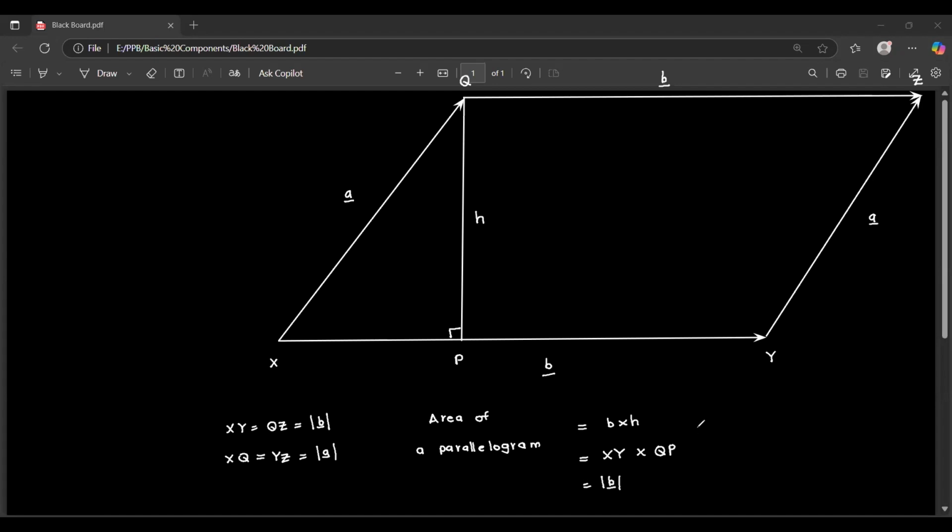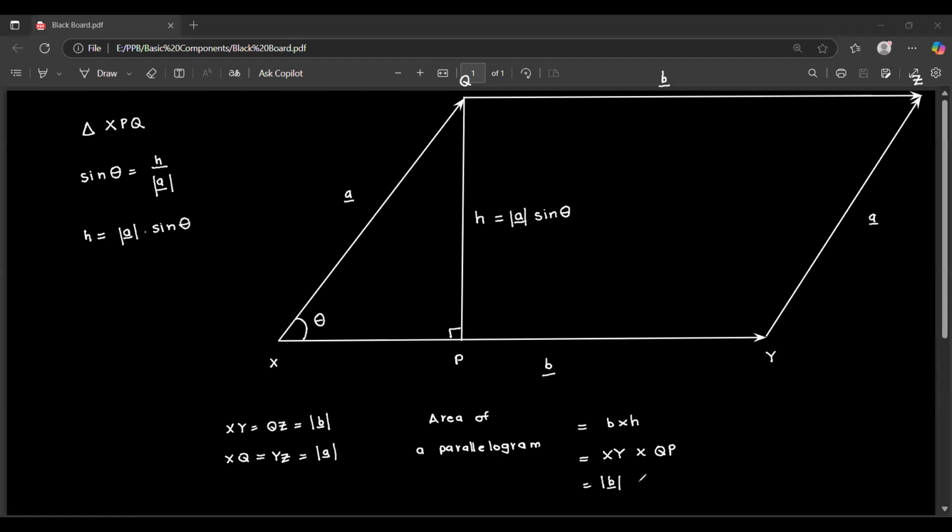What about QP? How can we find QP? Let's say this angle is given as theta. The thing is, it will be equal to the modulus of A sine theta. Why is that? Well, if you consider this triangle, XPQ is a right angle triangle. So you can say sine theta is equal to H over modulus of A. So I can say H is equal to modulus of A times sine theta.